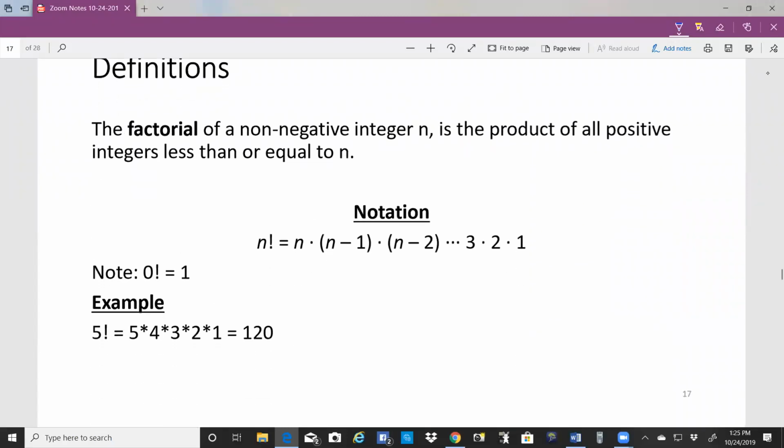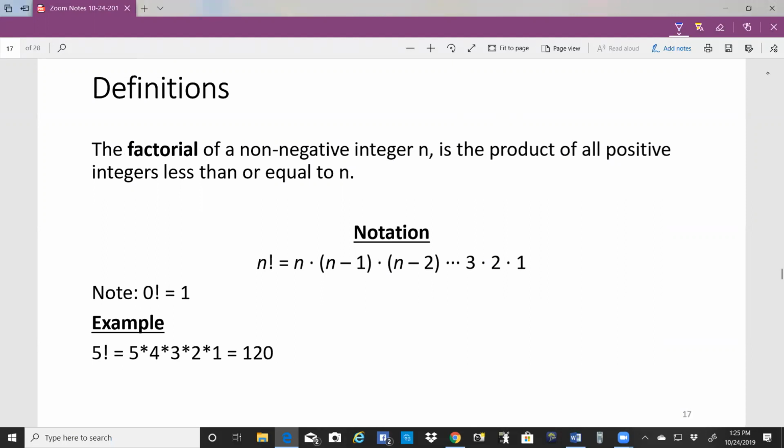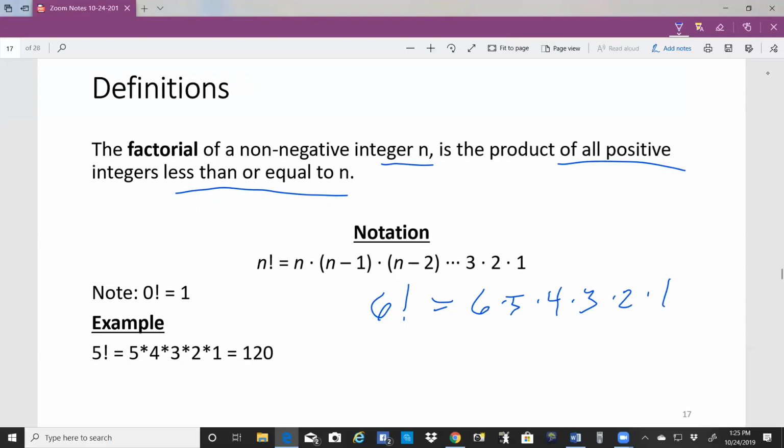Simple definition, the factorial of a non-negative integer n is the product of all the positive integers less than or equal to n. And that's pretty easy to do. 6 factorial, for instance, is 6 times 5 times 4 times 3 times 2 times 1, which is equal to 720.